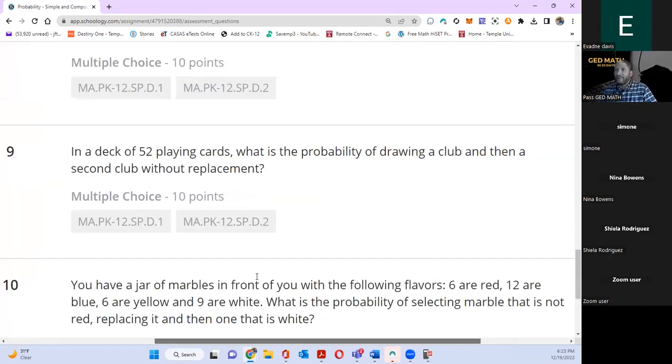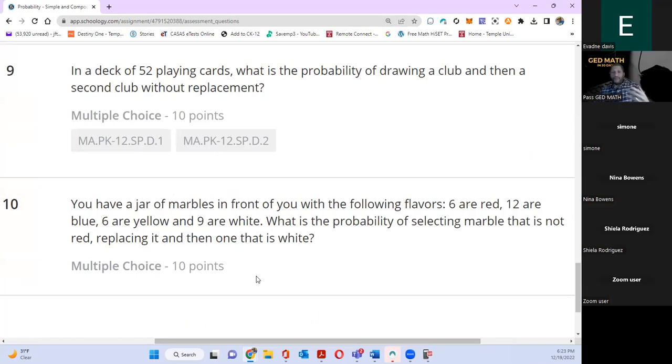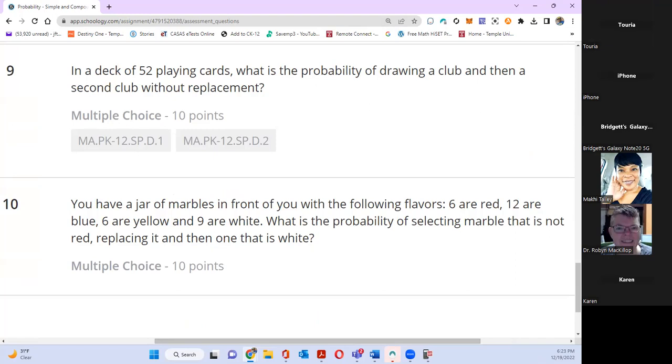Now, I almost guarantee you, it's going to be a simple probability problem or a compound probability. They usually don't give you 2. They usually give you 1. So in terms of how much time you're going to spend on learning probability, I wouldn't spend more than 1 or 2 days going over it.